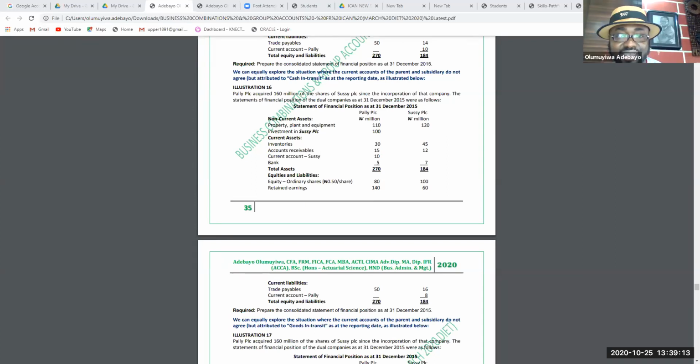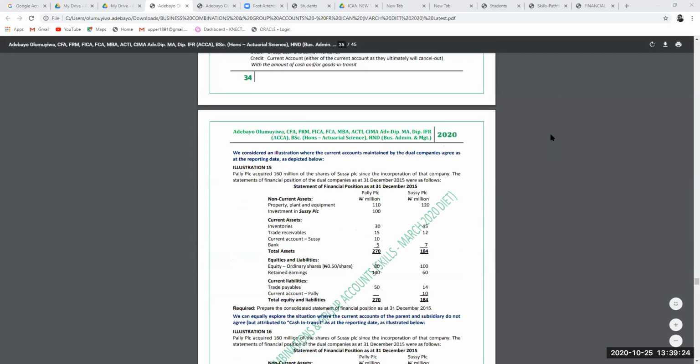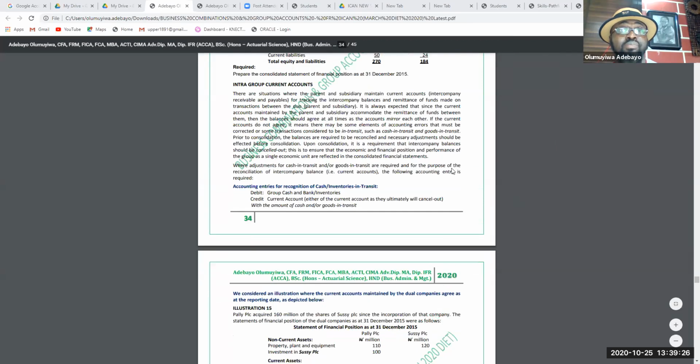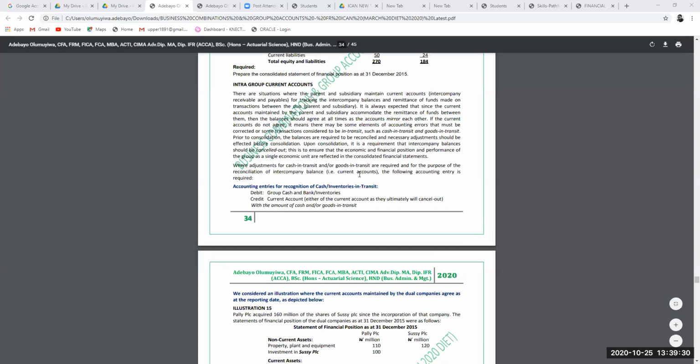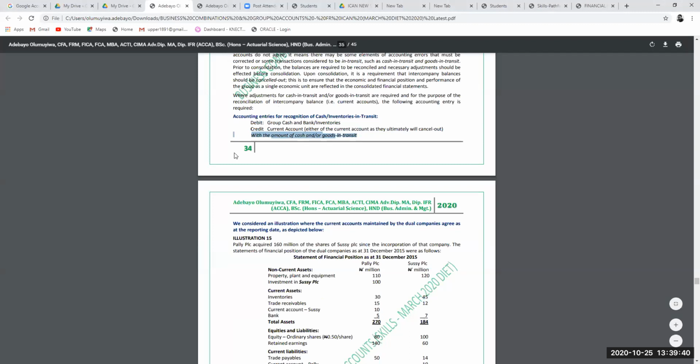You know, we discussed it at the beginning of the class when I was introducing you to group transactions. But in order not to waste time, let me just take you back to it. If the balances do not cancel out totally, what could have caused it is either cash in transit or what? Goods in transit. Okay.